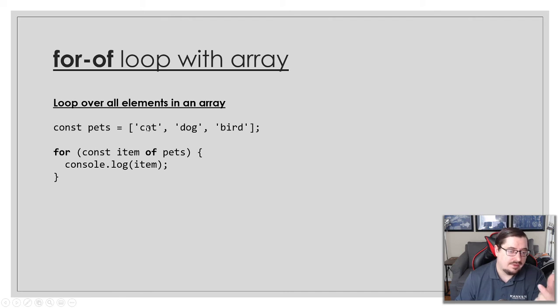So I'll get cat, dog, and bird instead of 0, 1, and 2. This is usually how we end up writing most of our loops. Most of our loops will be written as for of, because most loops will be going over arrays, and usually we care about the value but not the actual index. So here I'm just writing out the values. This will console log item, so I'll just get cat, dog, bird, each on a separate line.